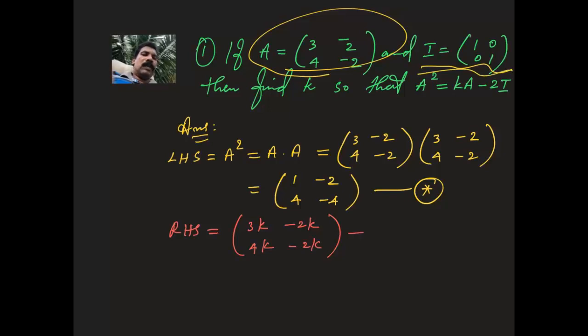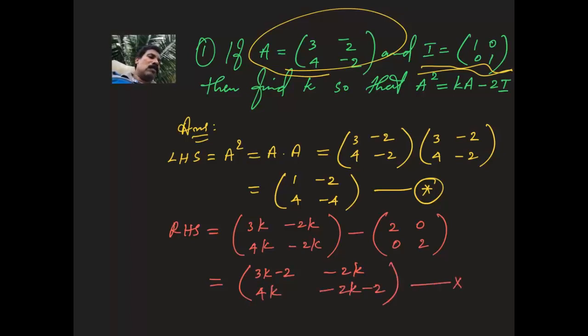That is, we can have 2, 0, 0, 2. On simplification, that is subtraction, we can have 3k minus 2, minus 2k, 4k, minus 2k minus 2. So this is our right hand side.